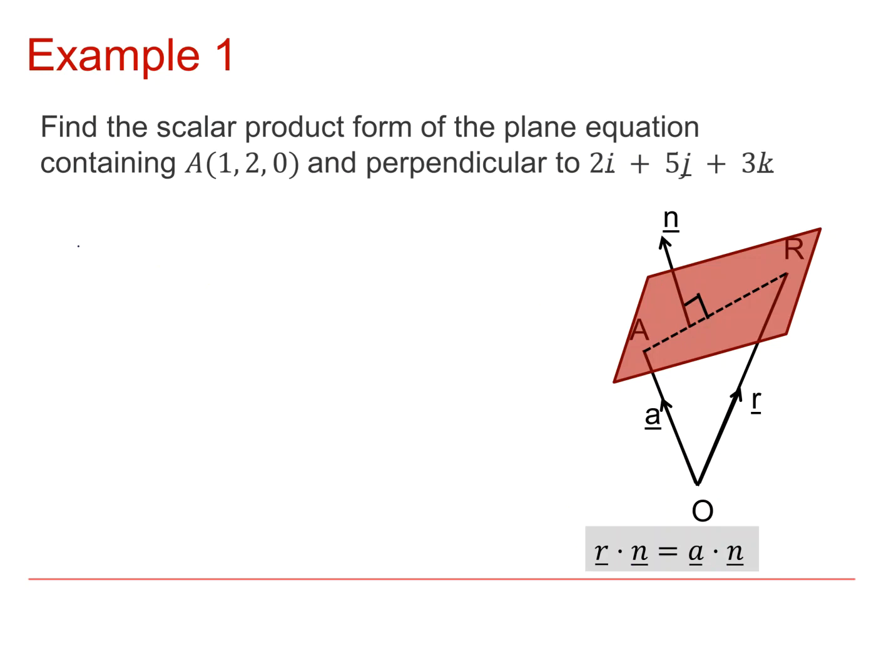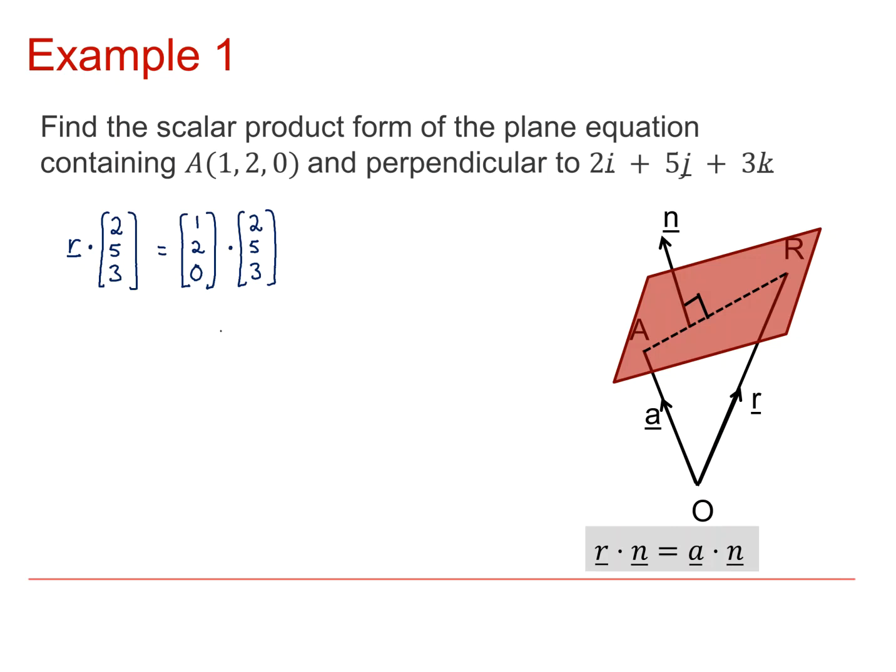So r is what I don't know. r is my general position vector of a point in the plane. So if I dot that with my normal vector 2, 5, 3, I will get the position vector of A, which is 1, 2, 0, also dotted with the normal vector 2, 5, 3.